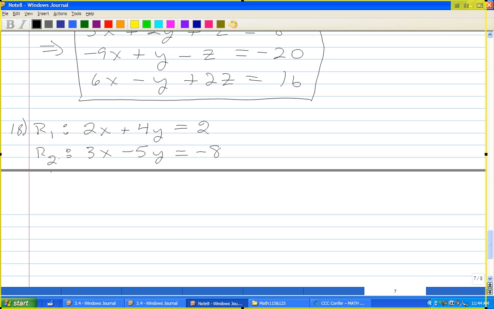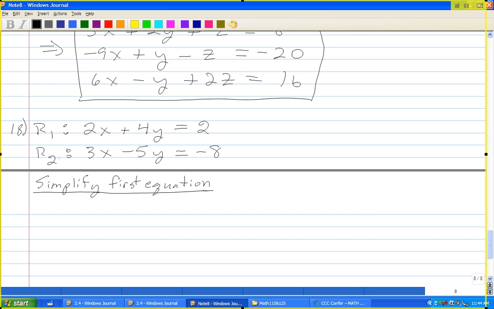So why don't I simplify the first equation first? And so let's do that. So let's just take R1 and divide it by 2.